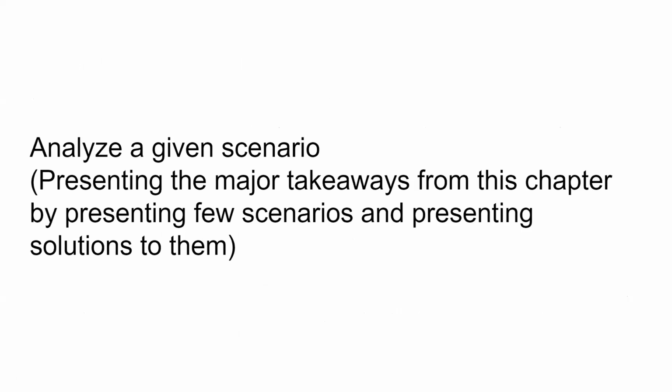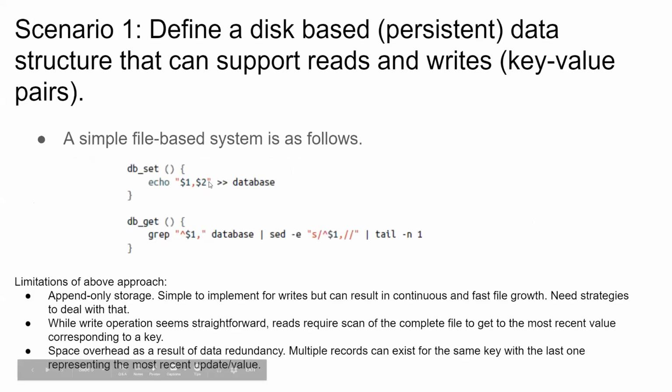When I started this slide deck, I looked at it as a scenario-based workflow: if I'm given a scenario where I have to design a disk-based system that can support reads and writes, the simplest approach, which is the example shown in the book, is append-only storage.